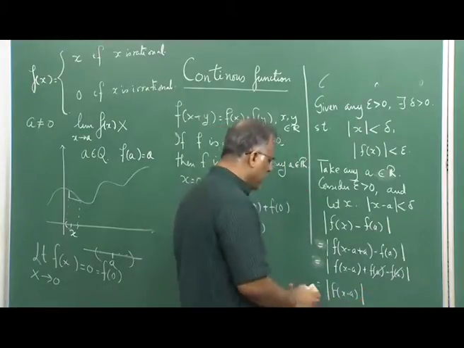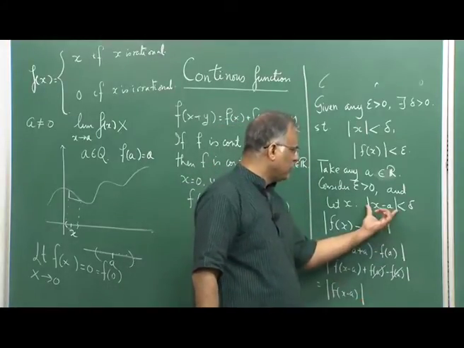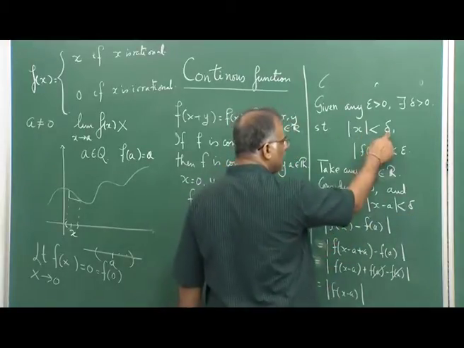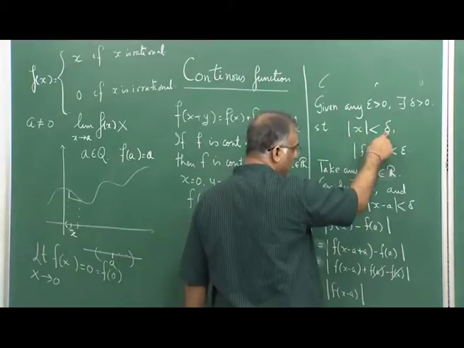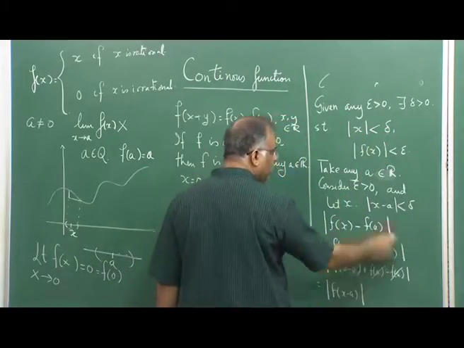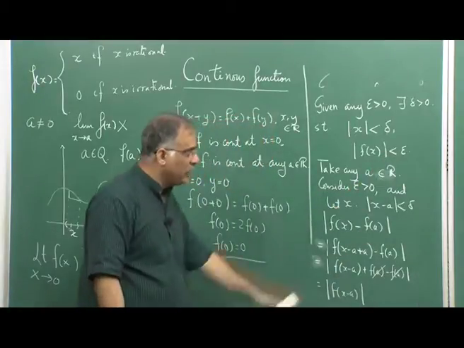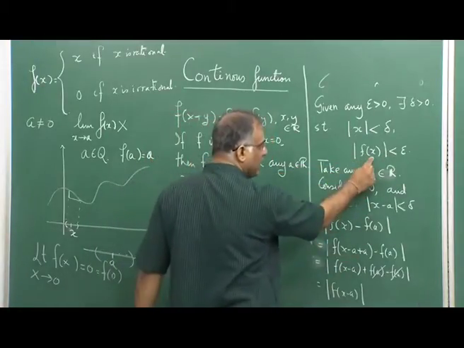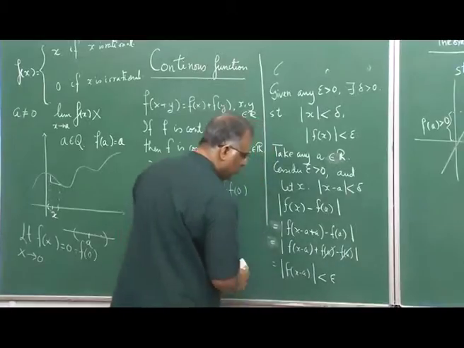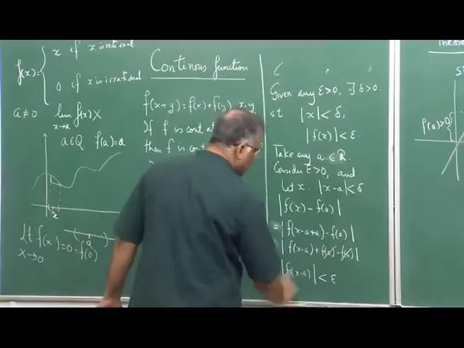But this number x minus a, the absolute value of this is less than delta, and whenever I have any real number whose absolute value is less than delta, f of that value is strictly less than epsilon because of the continuity at 0, because I am now applying this, instead of x I am writing x minus a here. So, this is strictly less than epsilon.